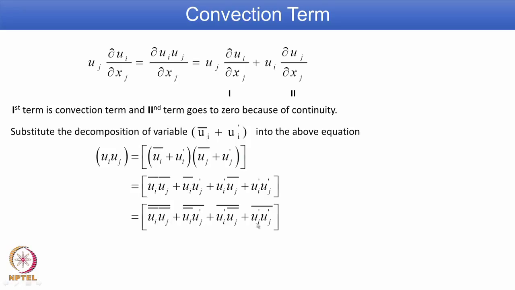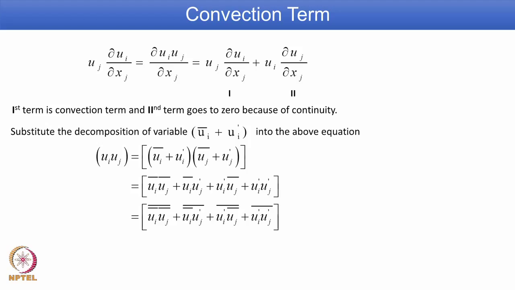They are shown separately here: the average of u_i bar u_j bar, the average of u_i bar u_j', the average of u_i' u_j bar, and the average of u_i' u_j'. Now, we apply what we learned in tensor algebra.